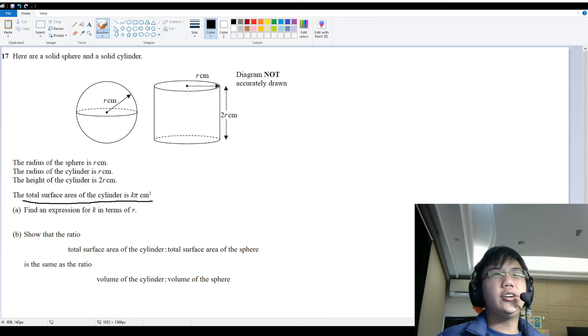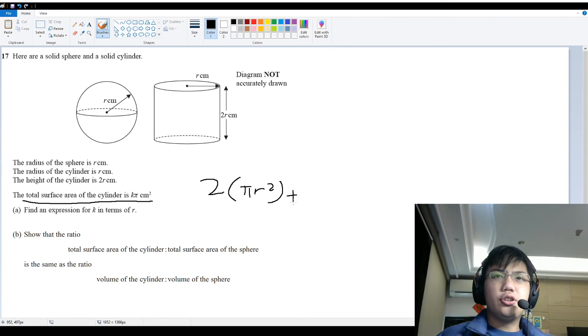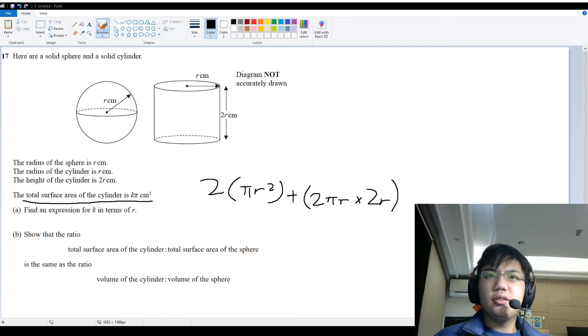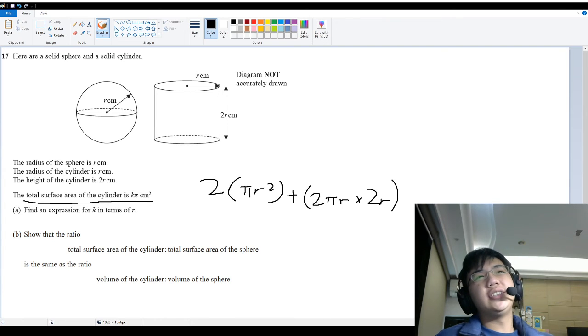So the total surface area of this cylinder would be 2 pi r squared, as top circle pi r squared and bottom circle pi r squared. And to determine the curved surface area, we need the circumference times the height. The circumference is 2 pi r, and the height is 2r. And that's how you determine the surface area of a cylinder.